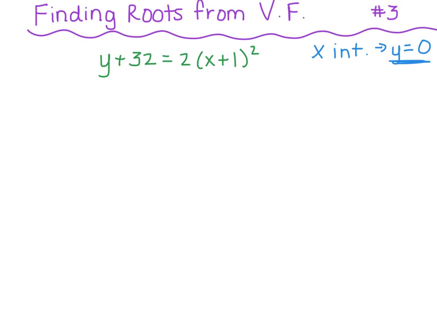All right, that's a place to start. So I'm going to make this a 0 plus 32 equals 2 times x plus 1 squared. And then, of course, you don't really need the 0 here, right? Once I plug that 0 in, it's really just a 32. So I have 32 equals 2 times x plus 1 squared.